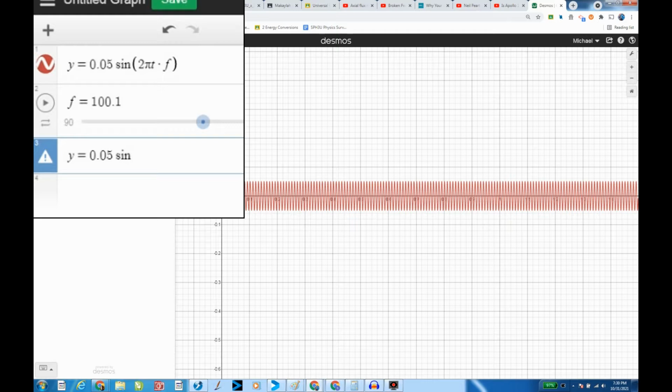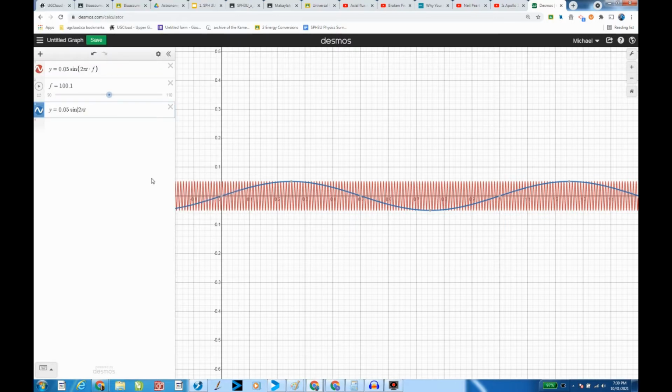Now what's 2 pi t times 100? It's going to be 200, right? And this is a wave that is going to stay at a fixed frequency, and the other wave can change behind it.